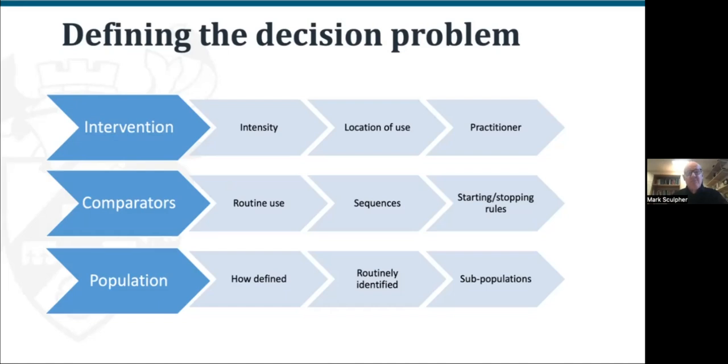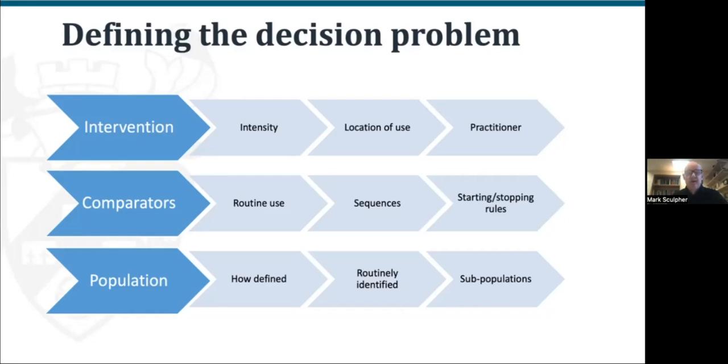It could be partly by severity of the disease. So that's our population. We might have a new drug treatment that we are considering funding. That's our intervention. And the intensity of that intervention might be defined in terms of how often it's provided and for how long. We might need to say something about who administers the drug and who determines which patients receive it.